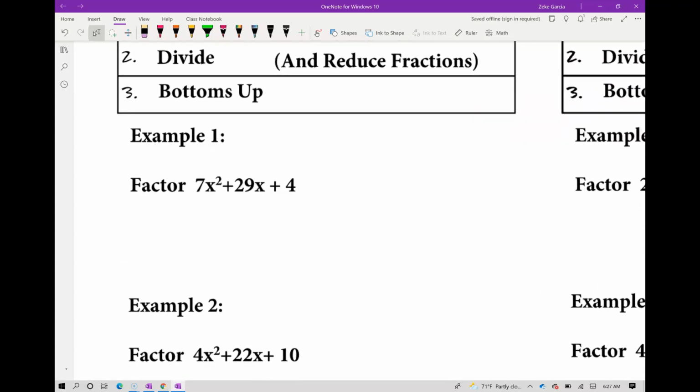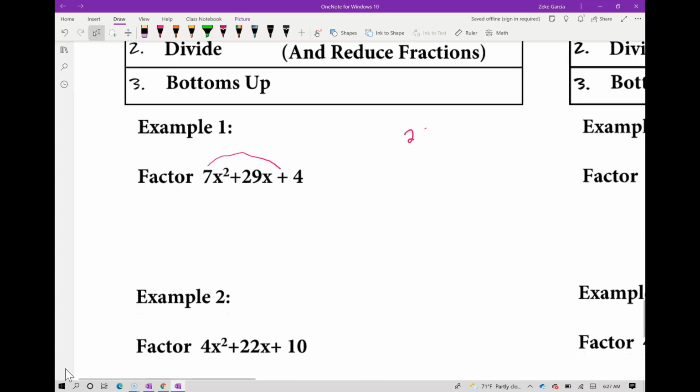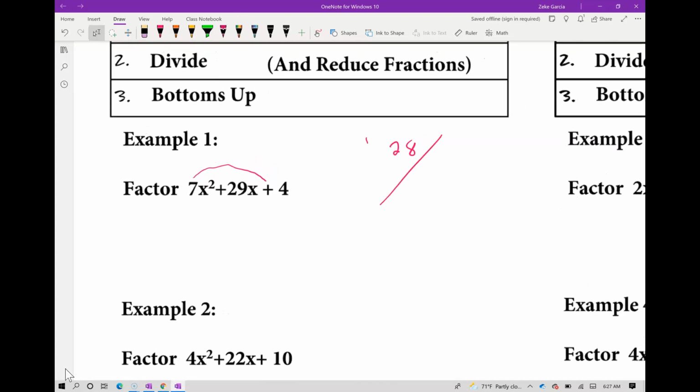What you're going to do is multiply 7 times 4. In this case, it's 28. And you're going to rewrite it as x squared plus 29x plus 28.